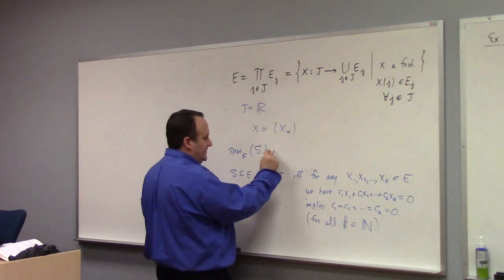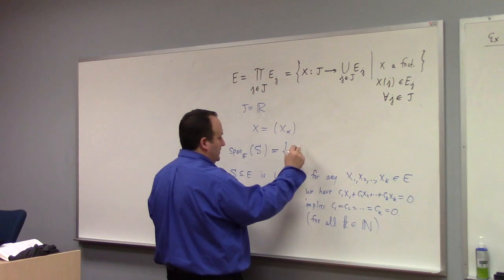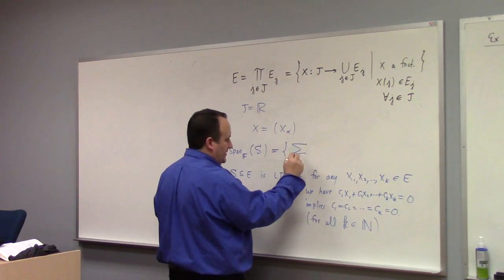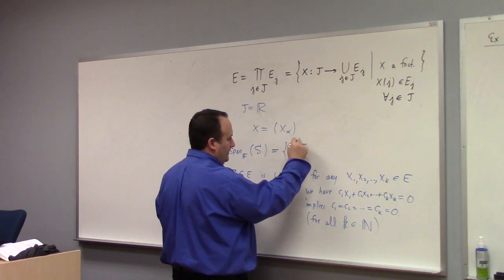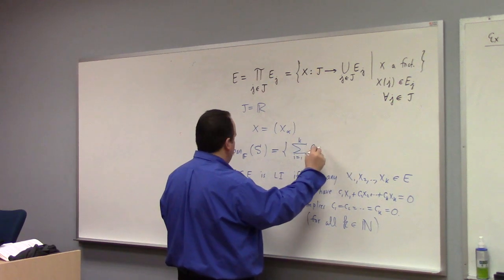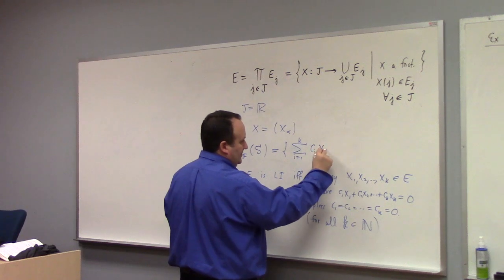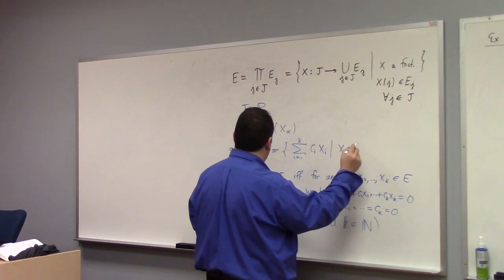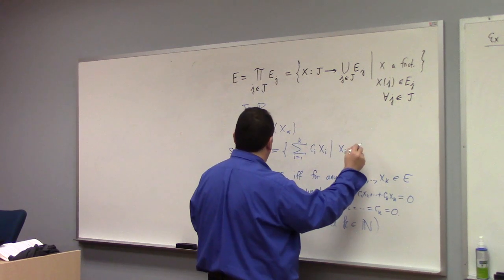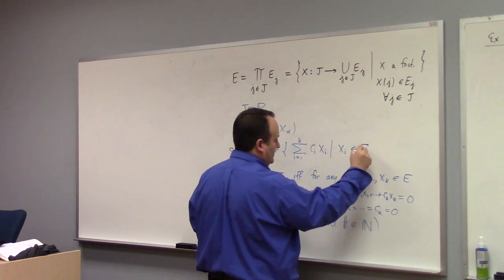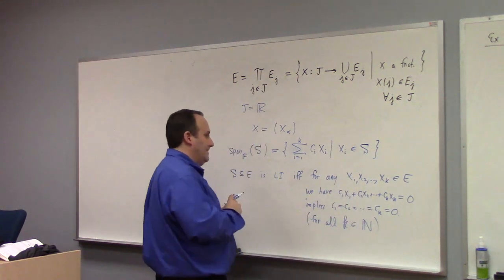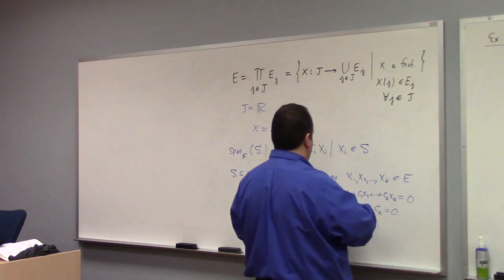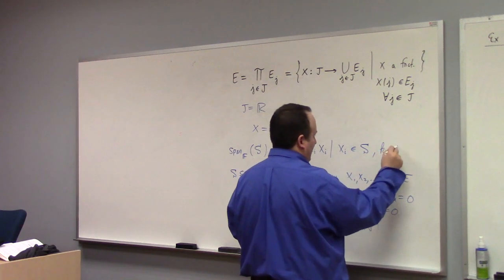But the span of S is simply the set of all, let me use summation notation if you don't mind, the sum, let's say i equals 1 to k, of c sub i x sub i, such that x sub i is an element of S. And I guess to be clear, I should probably also say k is an element of N.